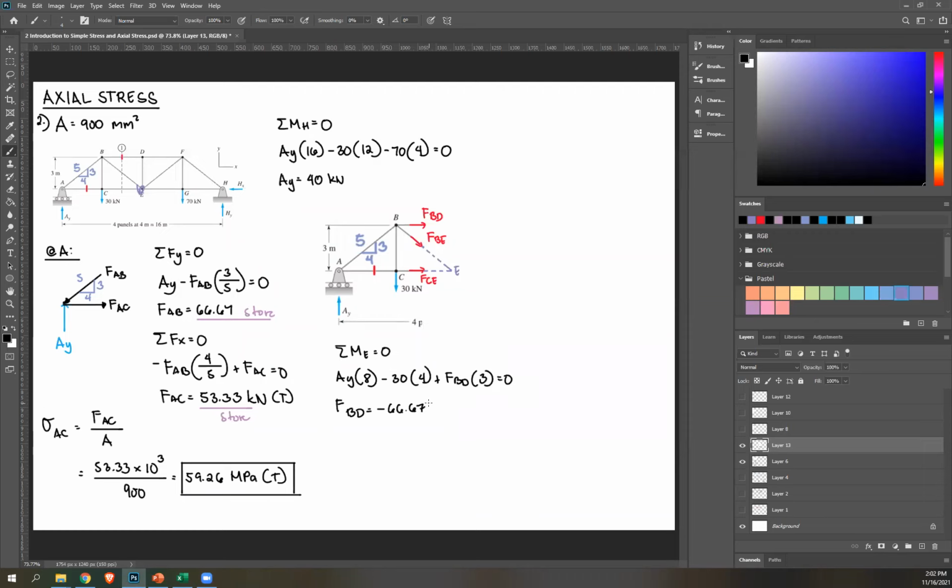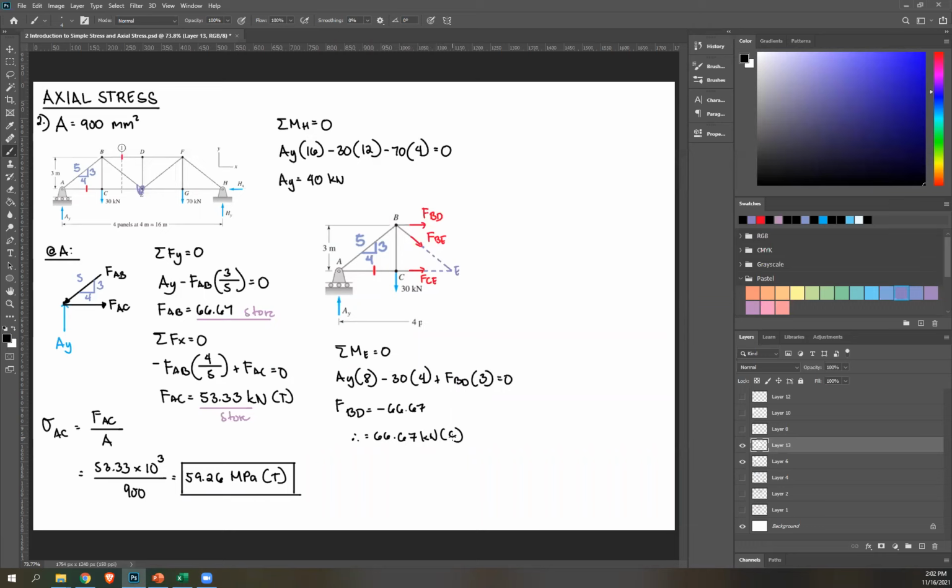That just means my assumption for direction is incorrect. Therefore, the answer should be the same magnitude, 66.67 kilonewton, but instead of my assumption tension, it's the opposite. So compression.